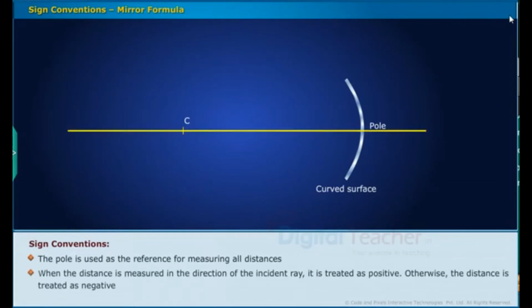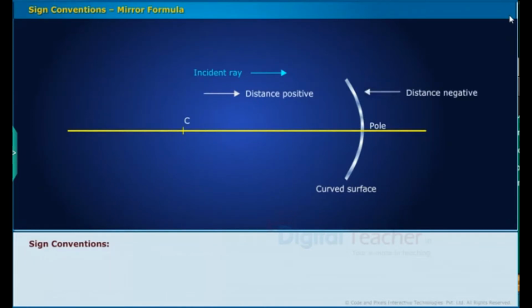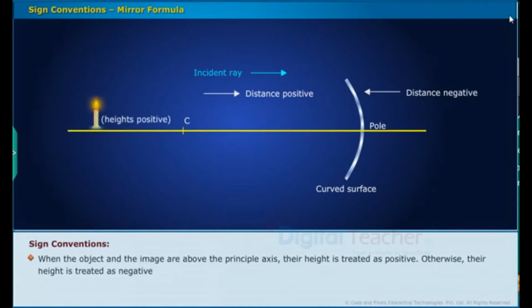When the distance is measured in the direction of the incident ray, it is treated as positive. Otherwise, the distance is treated as negative. When the object and the image are above the principal axis, their height is treated as positive. Otherwise, their height is treated as negative.